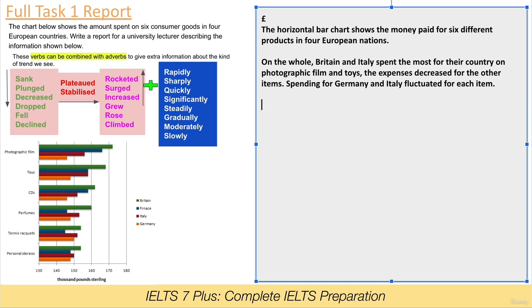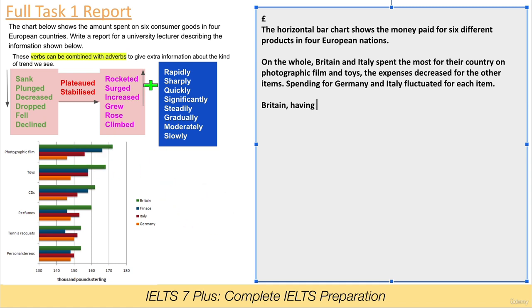Okay, so let's go into our first paragraph, our first body. We have two, one for each group, and this is the first group here. So let's talk about Britain. So we could start by saying, well, Britain is actually spending the most for each item.